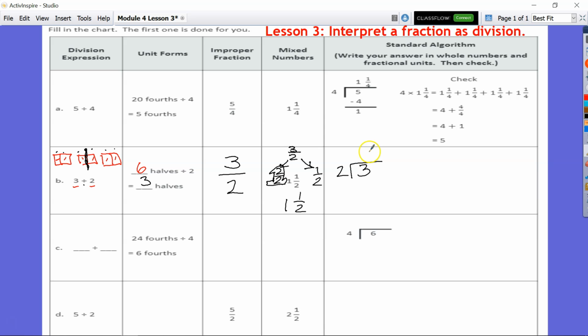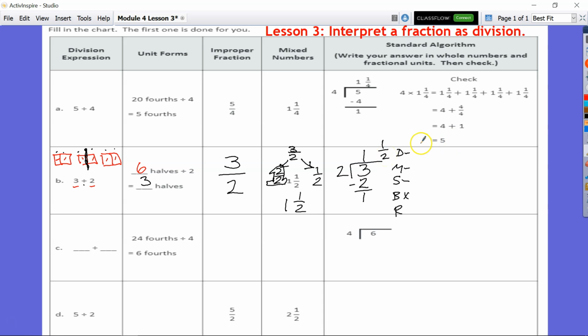All right, so if we need to list our steps, division: 3 divided by 2 is 1. Multiplication: 1 times 2 is 2. Subtraction: 3 minus 2 is 1. Then we don't have anything to bring down, so we're just going to say 1 what? 1 half remaining. So we have 1 and 1 half is our answer for the standard algorithm.